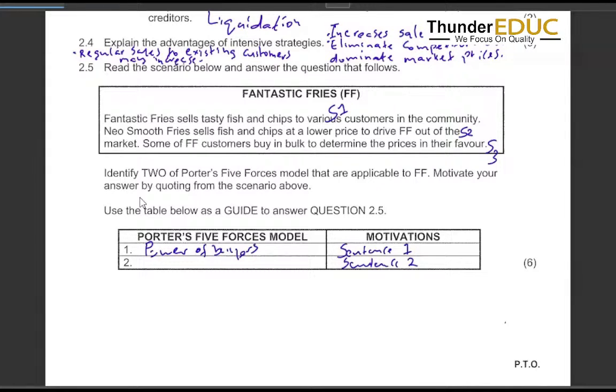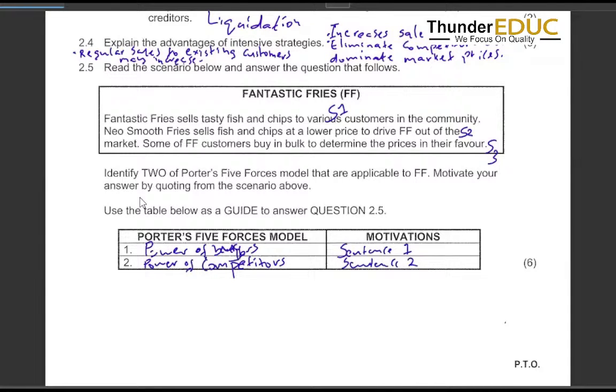So now we also have the second one where it says, Neo Smooth Fries sells fish and chips at lower prices to drive FF out of the market. So now this one should be the power of those who are selling the same product as yours, which is power of the competitors.